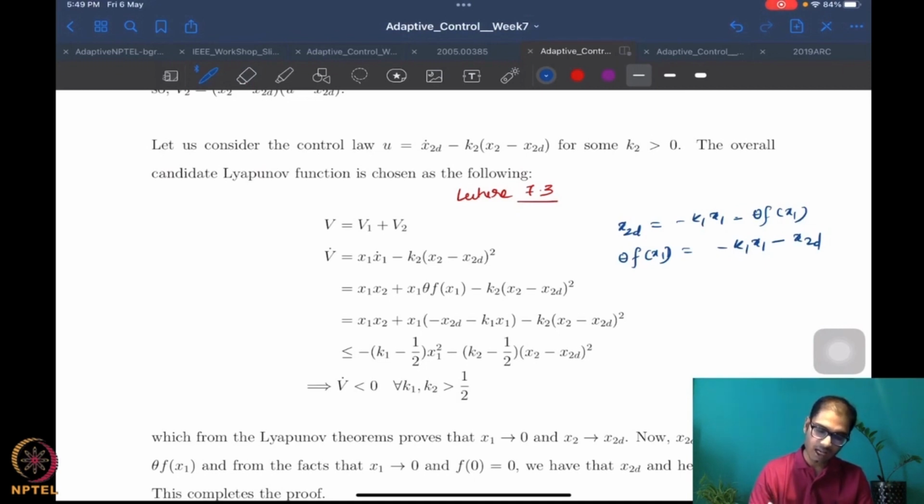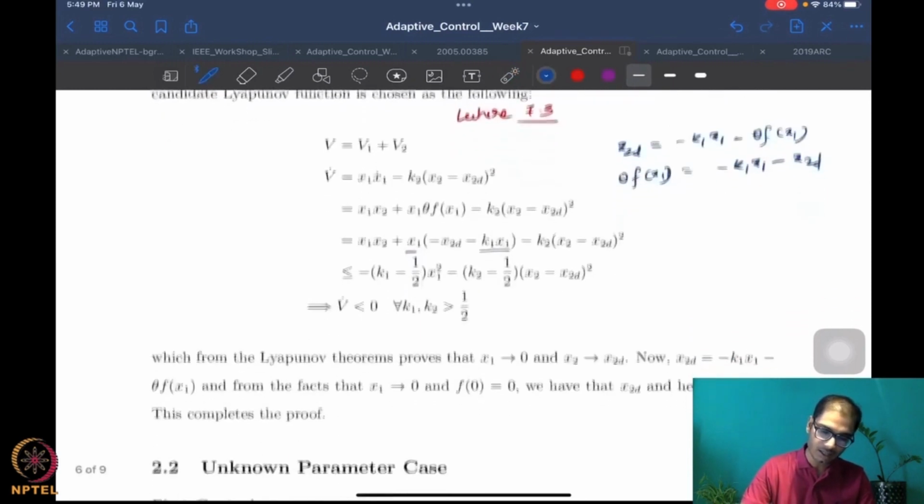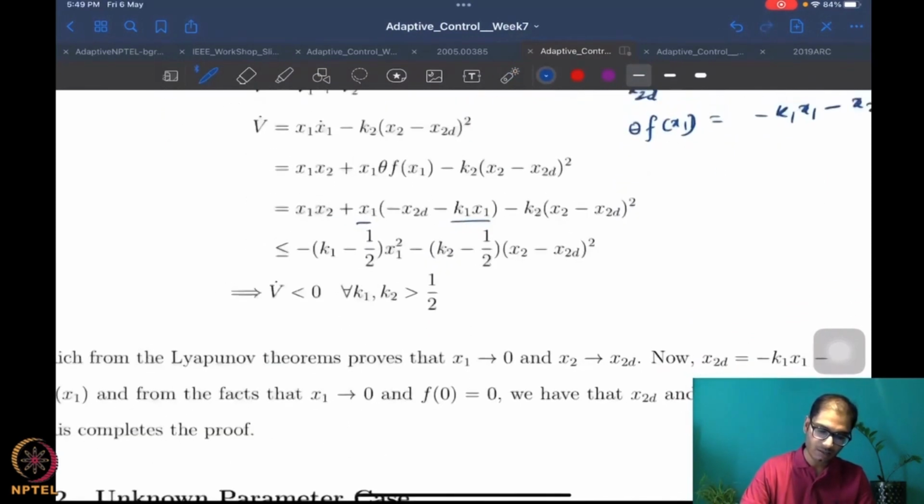All right. So now if you combine, this term is of course nice. It's minus k1 x1 squared. And if I combine these two terms, I get x1 times x2 minus x2 desired. All right, so essentially there is a step that's missing here, so I'm going to write it.